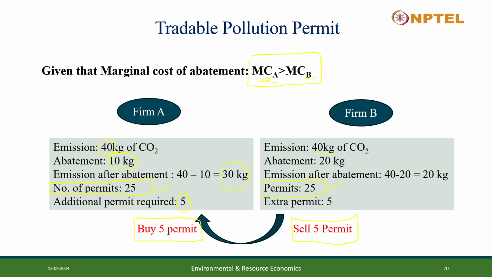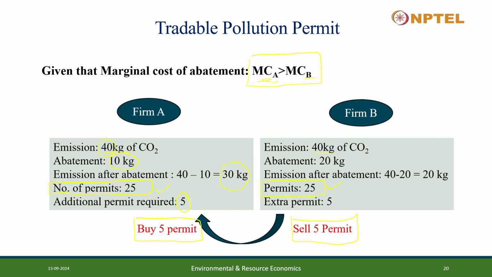Why? Because firm B incurs less money to abate the same unit of CO2 as compared to firm A. So in the tradable pollution permit system, each of the firms is given some permits, beyond which if you do emissions, either you have to abate or you have to buy the permit, right?